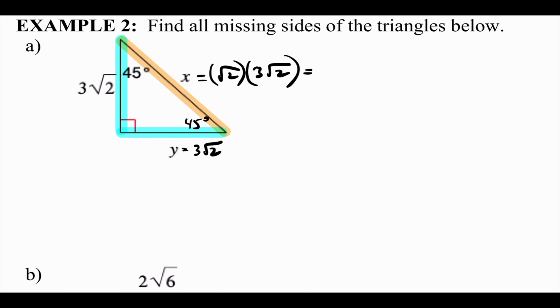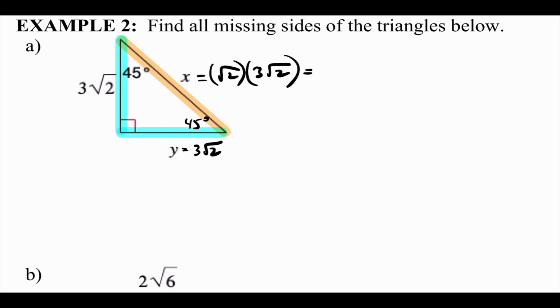Okay. So can I multiply the square root of 2 times 3 to make the square root of 6? Can I multiply the square root of 2 times the 3 on the outside to make the square root of 6? Nope, I can't, because one's on the inside, one is not.